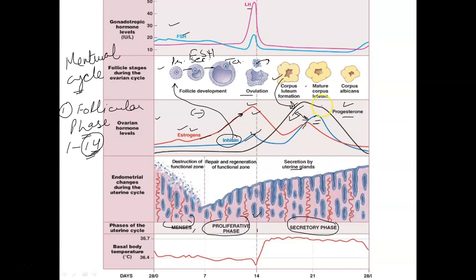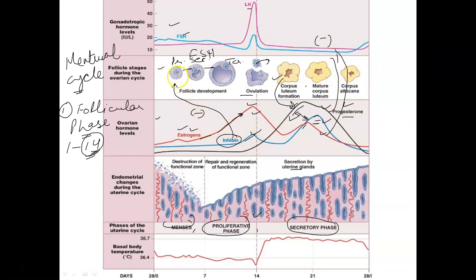Now this high progesterone and high estrogen level have a negative effect on FSH and LH. So the feedback mechanism is also there. Progesterone and estrogen high, so no FSH and LH, no new follicle.